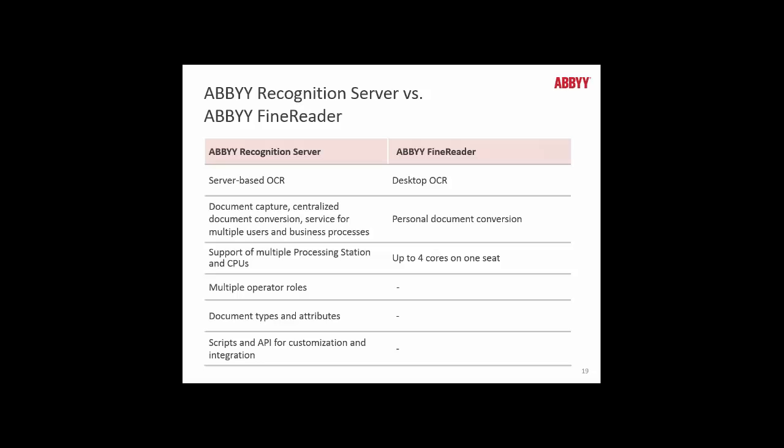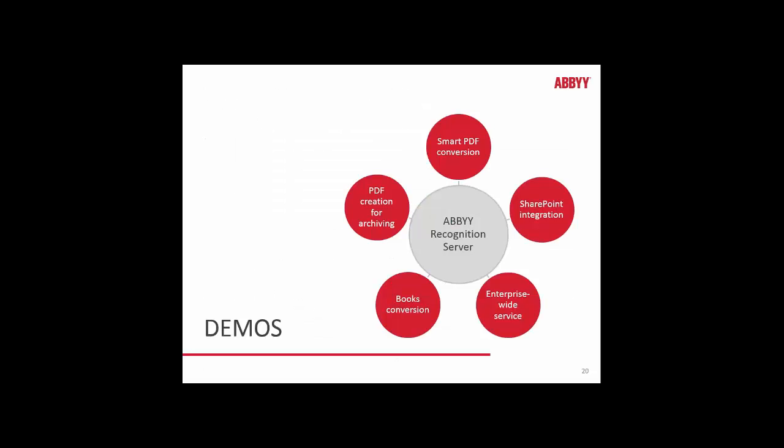I would like to emphasize that ABBYY FineReader is desktop OCR, which was designed for personal usage, and ABBYY Recognition Server is our corporate server-based OCR product, which is designed especially for corporates from mid-size to enterprise size.